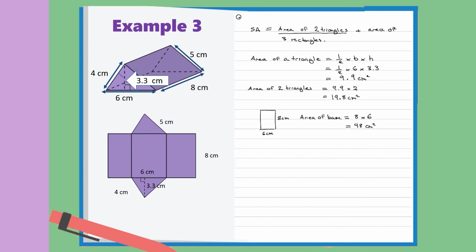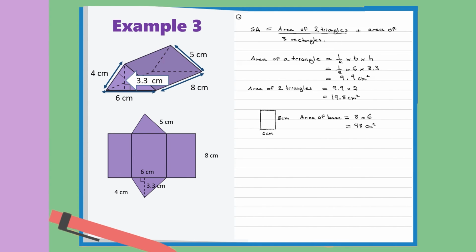Okay, now is this base rectangle equal to any of the other rectangles? Well, we can look at the other rectangles and we can see that the dimensions are all different. They all have the same length of 8 centimeters, but they all have different widths. One is 5 centimeters on the right and one is 4 centimeters wide on the left.